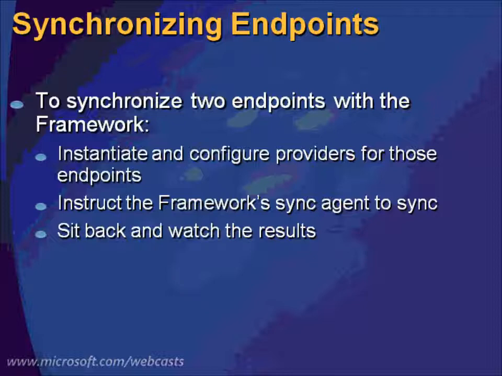I mentioned this throughout: to synchronize the two endpoints that we have with the framework, first of all, we have to give them providers. We have to have sync providers for them, either providers that are already out of the box or providers that we create on our own.